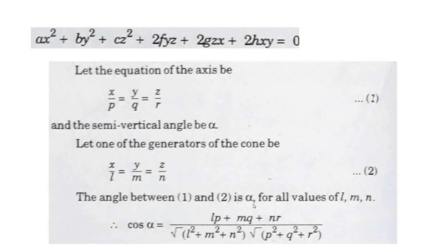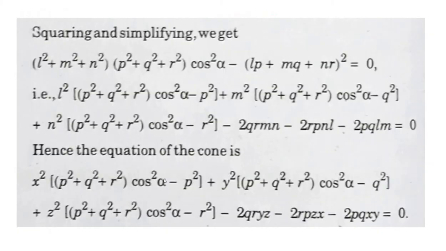And so l, m, n இங்கே இருக்கு. Alpha, I mean alpha is semi-vertical angle என்றால் you have this. So cos alpha we have, and squaring and simplifying we get like this. And இதில் l square term, m square term, n square term இதை மாதிரி கனெக்ட் பண்ணுறோம்.